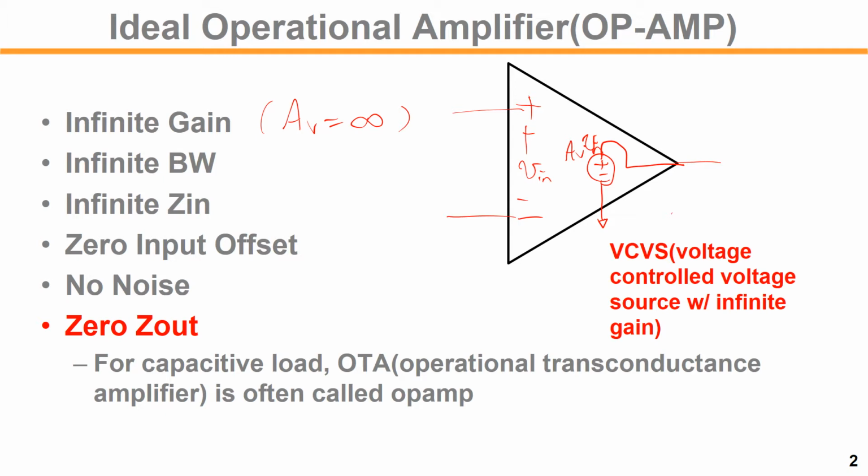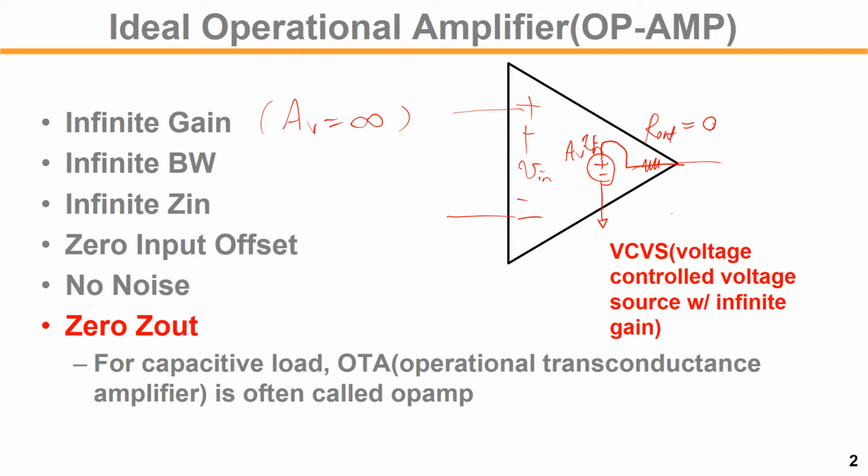As you can see, for the ideal, since the output is a voltage source, its output impedance, like for an ideal driver, for the Thevenin equivalent circuit, R out is in series with the voltage source and should be equal to 0, right? The reason is for any kind of load we will get the desired voltage gain.